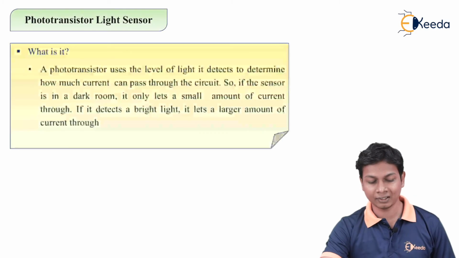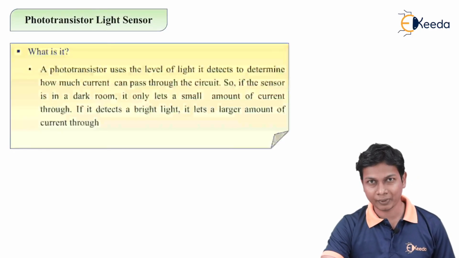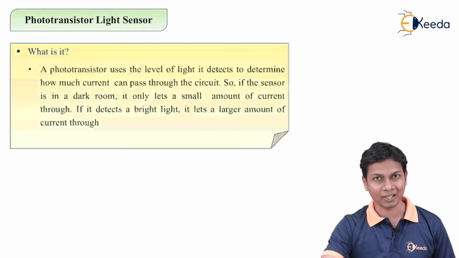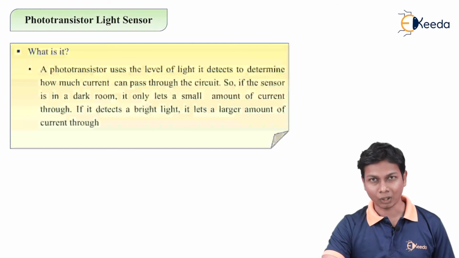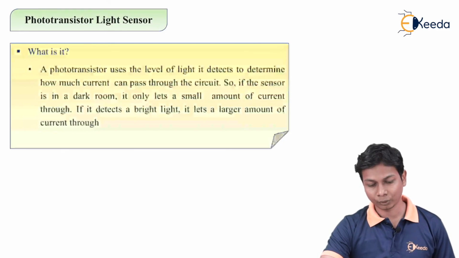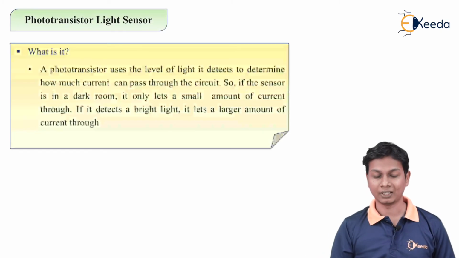If the sensor is in a dark room, it lets a small amount of current through, and if it detects bright light, then a larger amount of current flows through the device. So when a small amount of light is present, a low current passes through the transistor, and when a large amount of light is present around the sensor, a large current flows through the device, and the device is a transistor, and that's why this sensor is called a phototransistor light sensor.